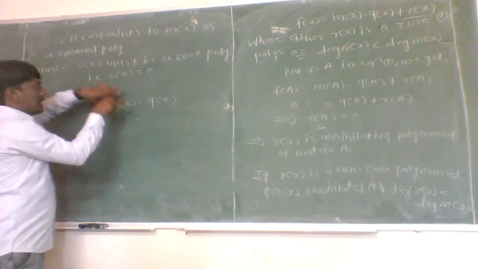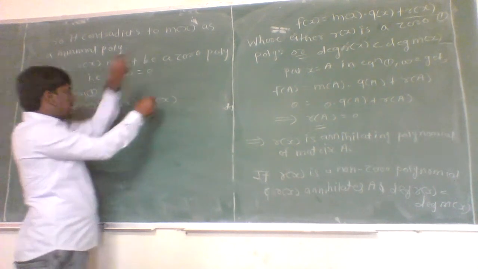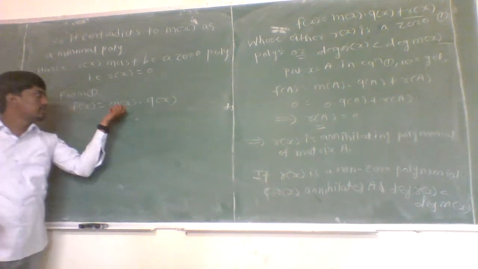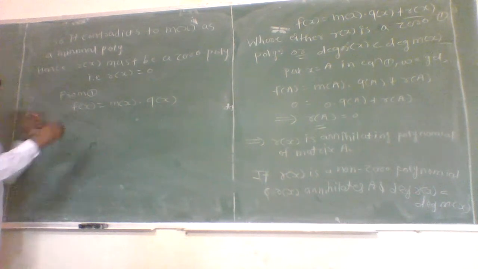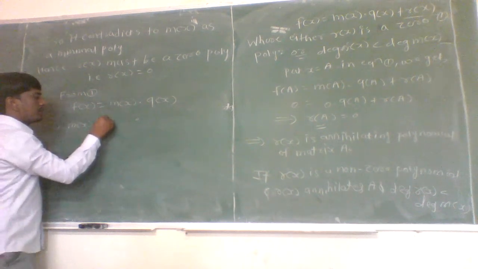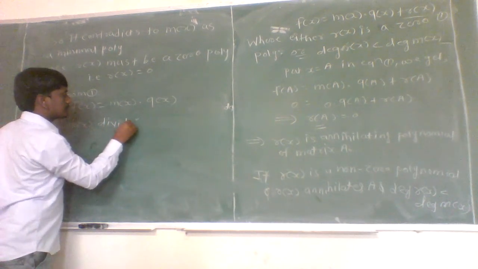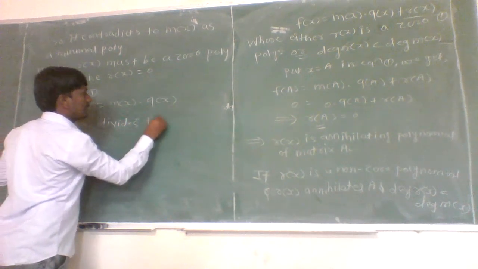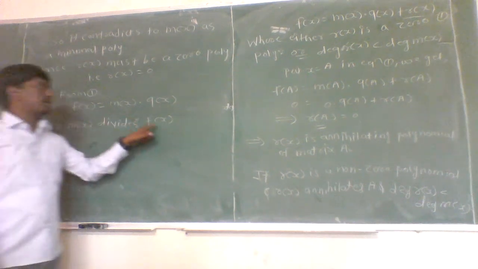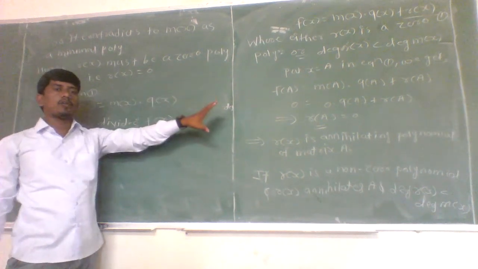So here there exists a polynomial q(x) such that f(x) is nothing but m(x) into q(x). Then by definition of divisibility, this m(x) divides f(x), which implies the minimal polynomial divides f(x). But here m(x) is the minimal polynomial and f(x) is any annihilating polynomial.